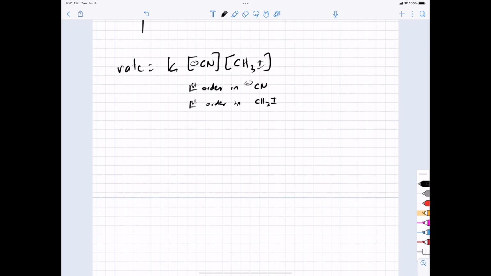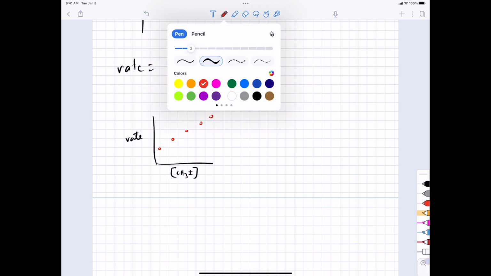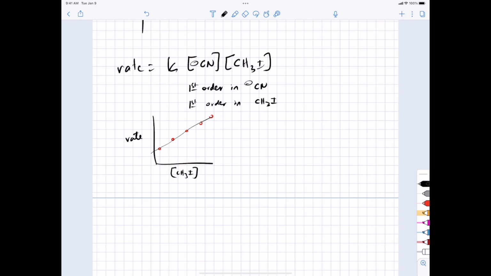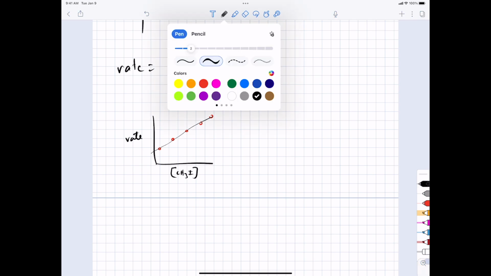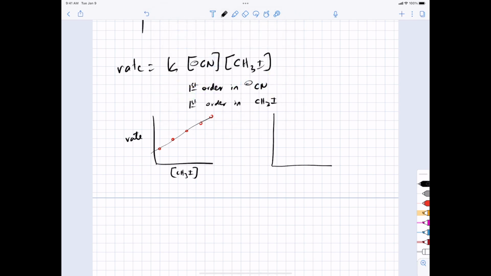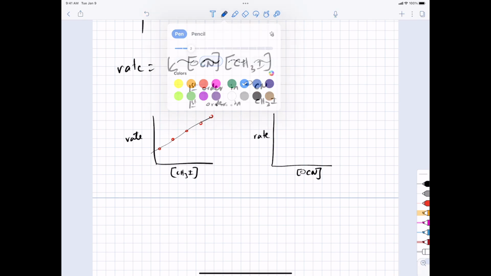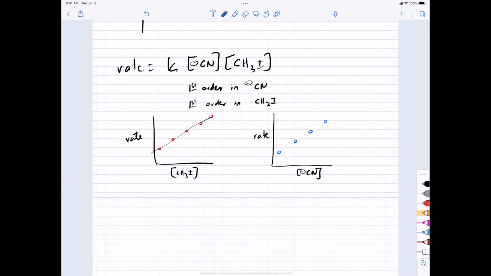And so if you did a similar experiment as we've talked about above and plotted the rate versus concentration of methyl iodide, you would observe a linear dependence of rate on concentration, whereas if you similarly varied the concentration of CN minus and compared it to rate, this time you'll also see a linear dependence.